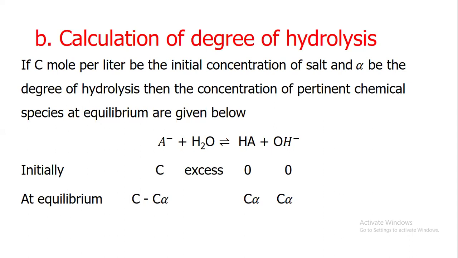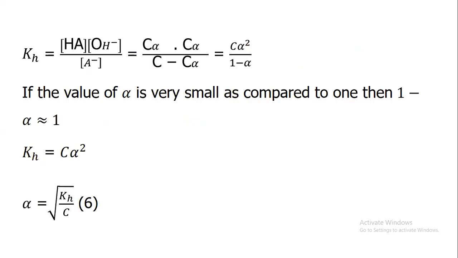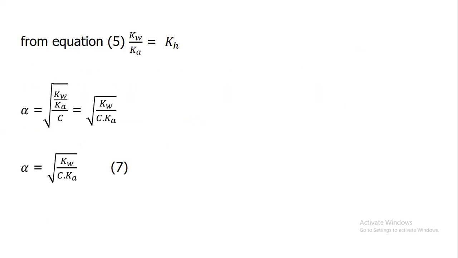At equilibrium, C minus C alpha, C alpha, C alpha. Kh is equal to [HA][OH minus] over [A minus], so Kh is equal to C alpha squared over 1 minus alpha. If the value of alpha is very small compared to 1, then 1 minus alpha tends to 1, so Kh is equal to C alpha squared. So alpha equals root under Kh over C.